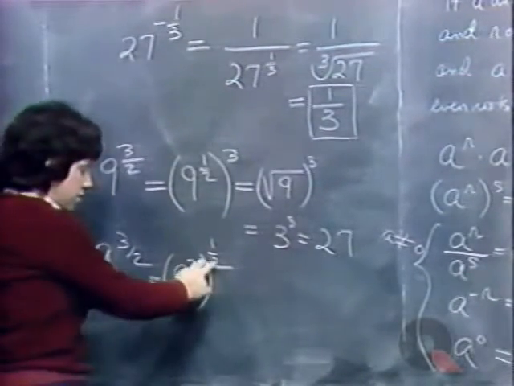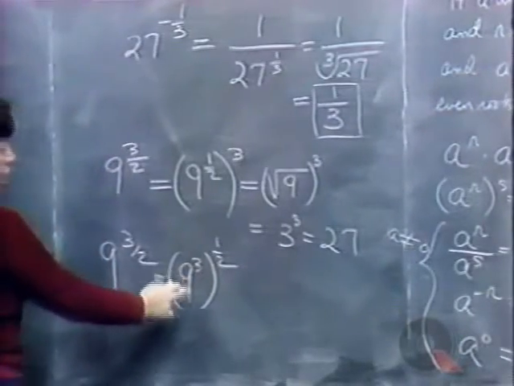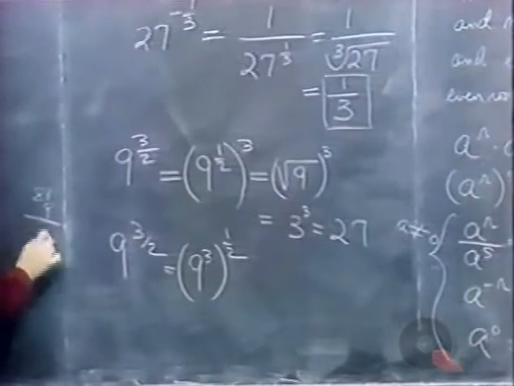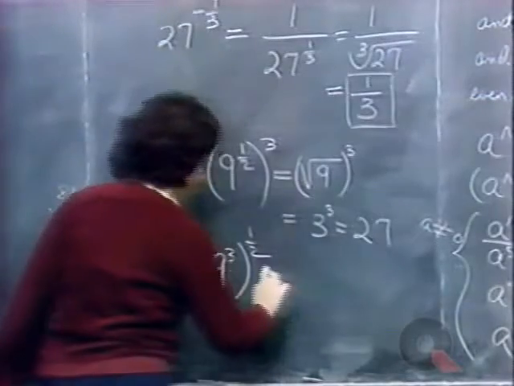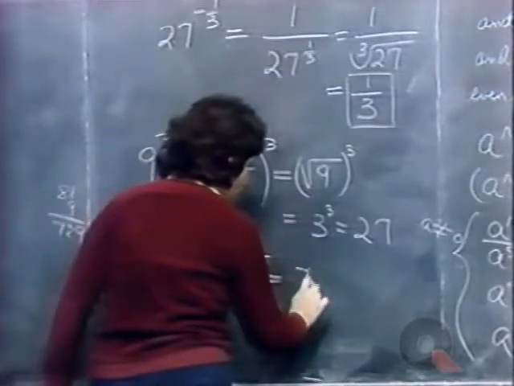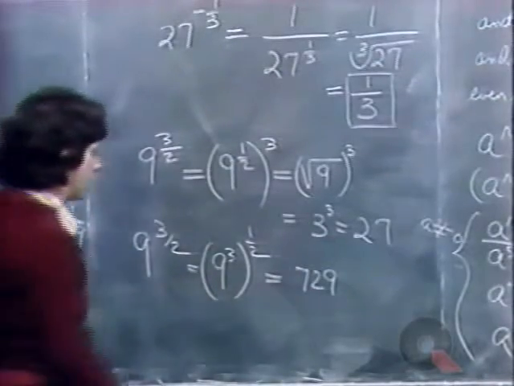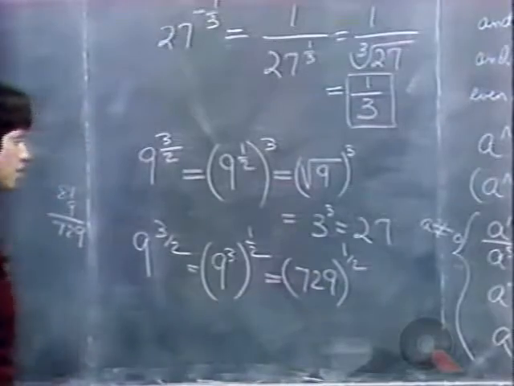This means I must cube 9. 9 times 9, that's 81. 81 times 9, that's 729. Having multiplied 9 by itself 3 times to get 729, I then need the square root of 729.